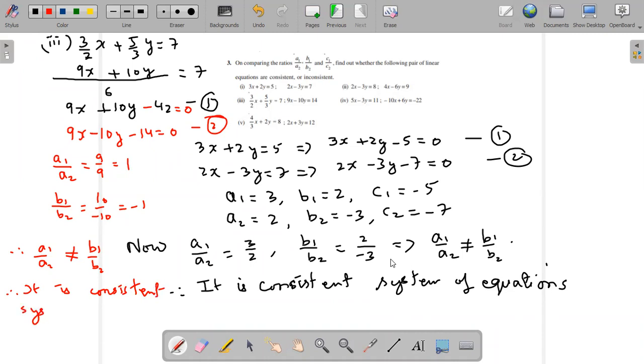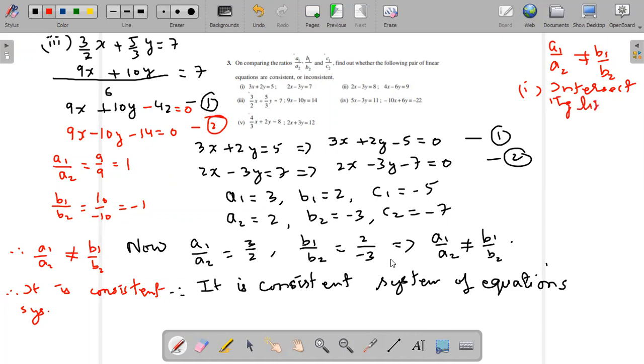There are three things you have to remember. When you have the condition A1 upon A2 or any condition, it reveals three things. One, the graph will be intersecting lines.